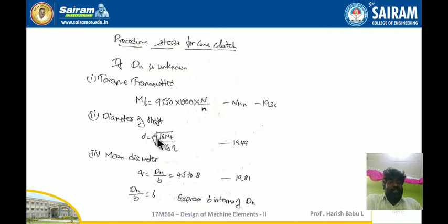So d = cube root of 16 Mt / (π τs × keyway factor). The mean diameter will be different in this case, so I am going to assume Q = dm / b. Q is given as 4.5 to 8, and normally I assume 6. The relation between the mean diameter and the face width will be 6, so I am going to express b in terms of dm.